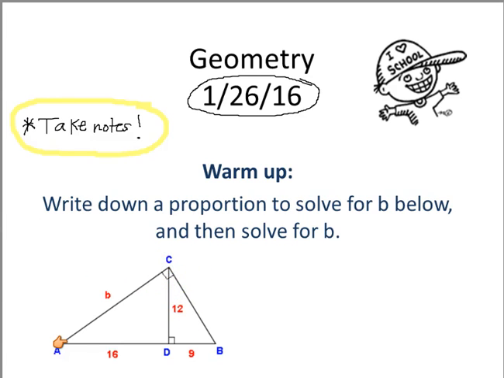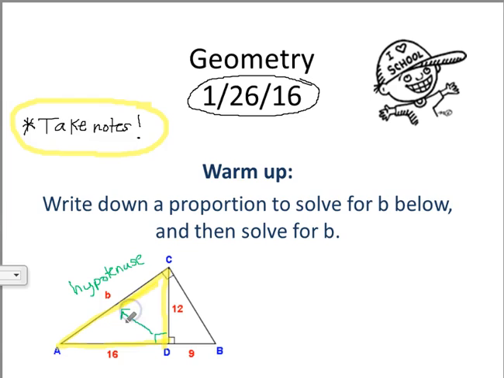So let's focus on this right triangle right now so I can explain this. In every right triangle, you've got a short leg, a long leg, and a hypotenuse. And identifying those is really going to help you with setting up your proportions to solve for your unknowns. So for example, here's our hypotenuse. Remember, your hypotenuse is always directly opposite of that right angle.